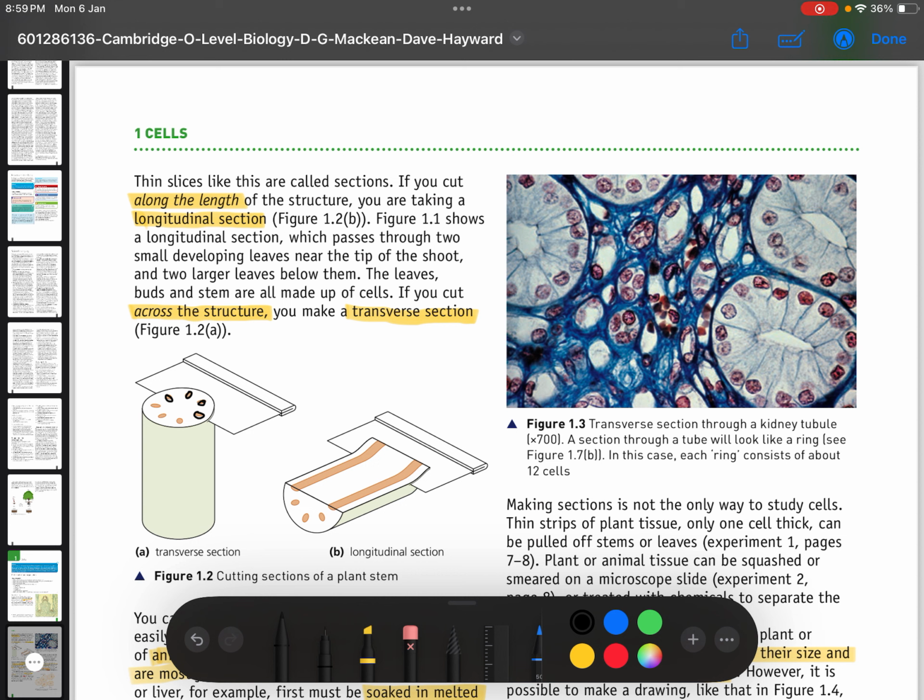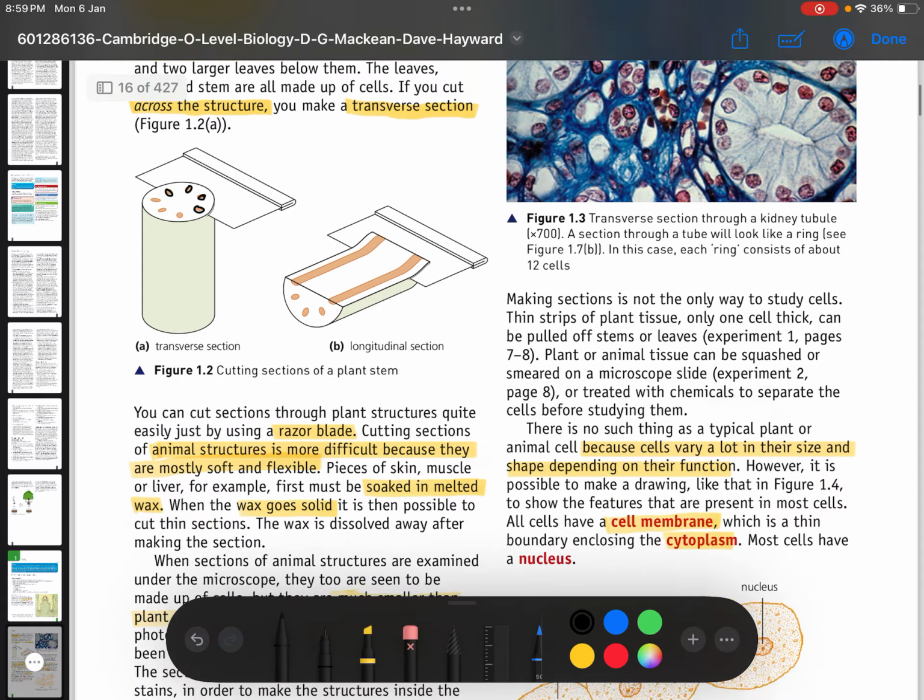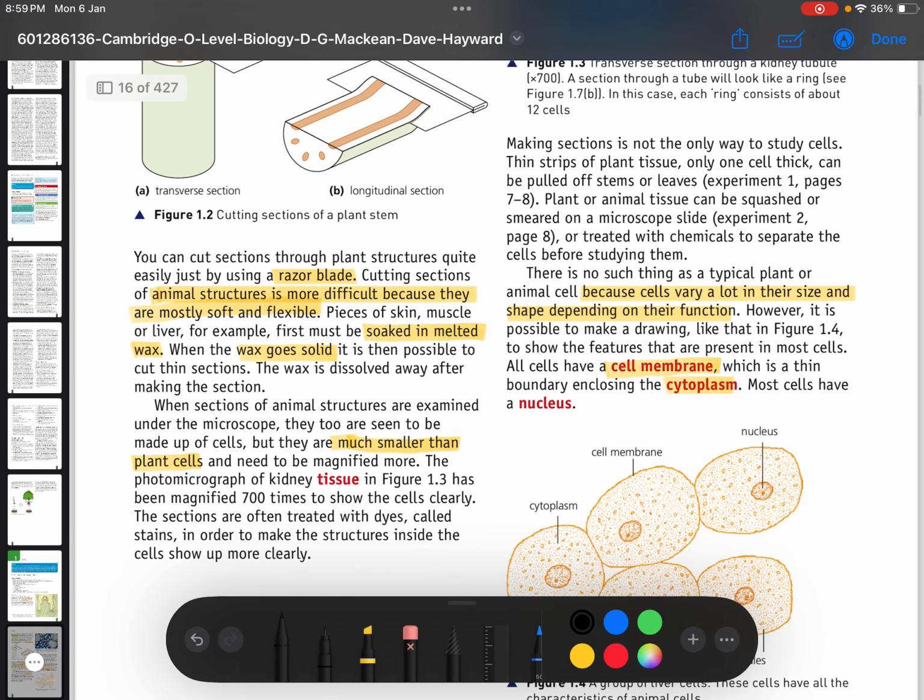Before doing that, first, how do we prepare that sample? The first thing we need to know is that we soak it in melted wax, as they say here, and then we let the wax solidify.